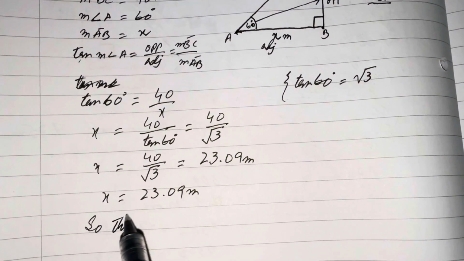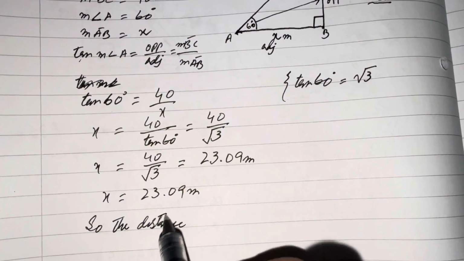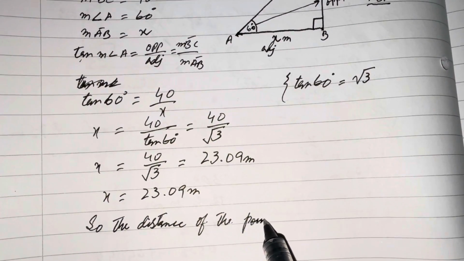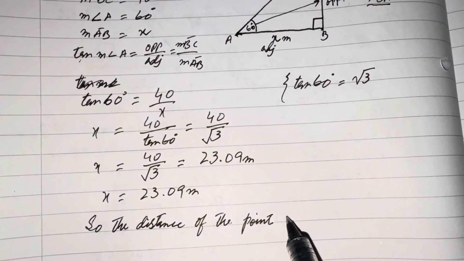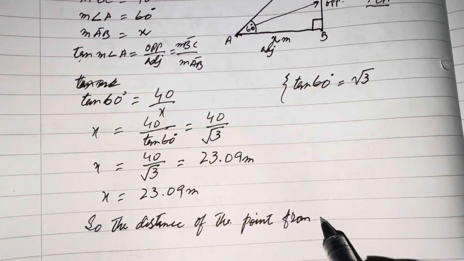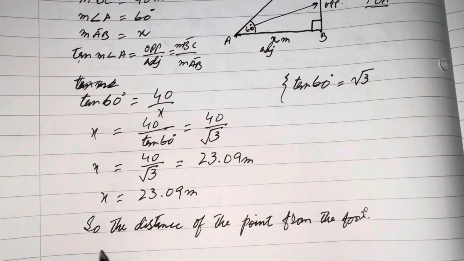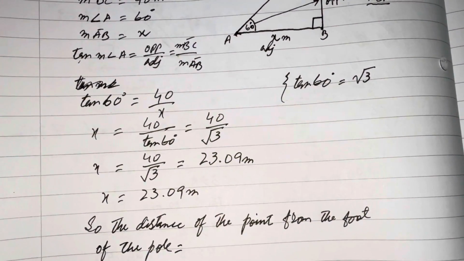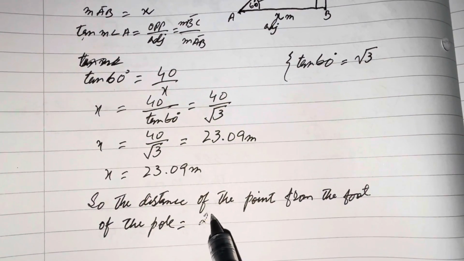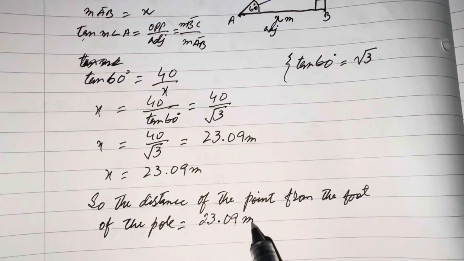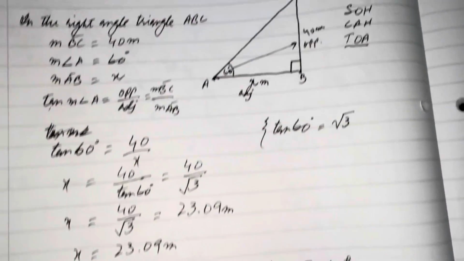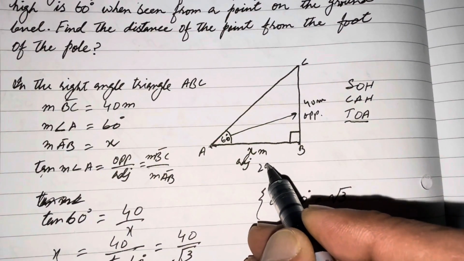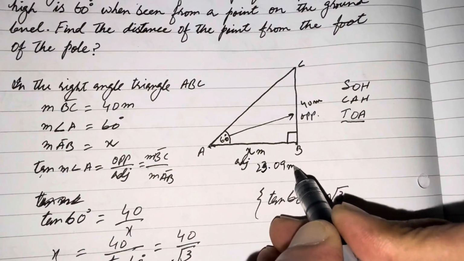So the distance of the point from the foot of the pole is equal to 23.09 meters.